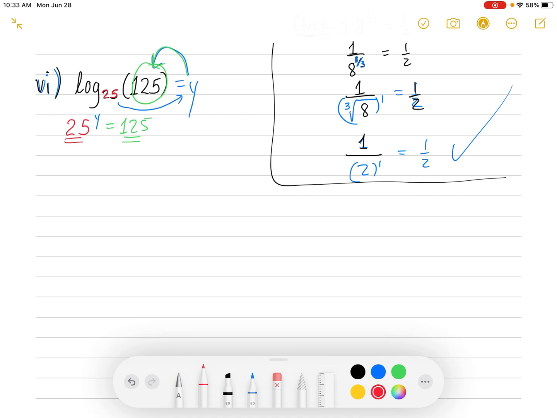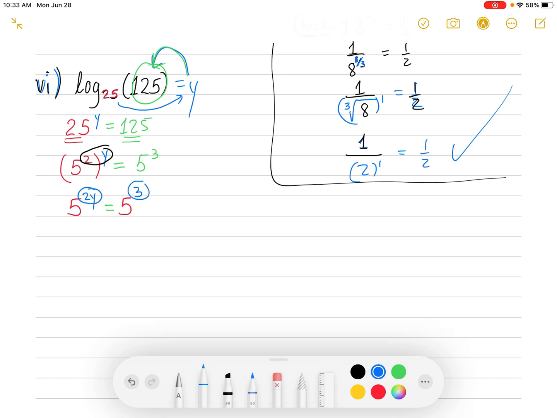Now I want to think, this 25 on the left-hand side and this 125 on the right-hand side, do they have a common exponential base? They both can be written as 5 to some power. So 25 can be written as 5 squared, so I have 5 squared in parentheses, raised to the yth power. And on the right-hand side, the 125 can be written as 5 cubed. So using our properties of exponents, we can multiply the 2 and the y.